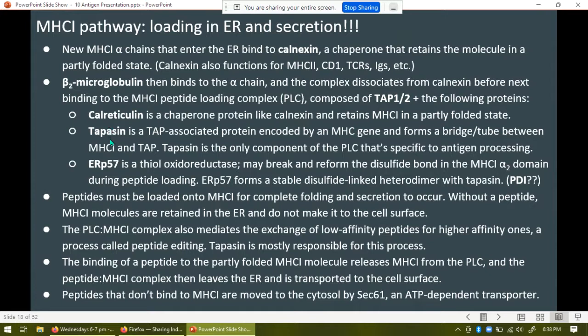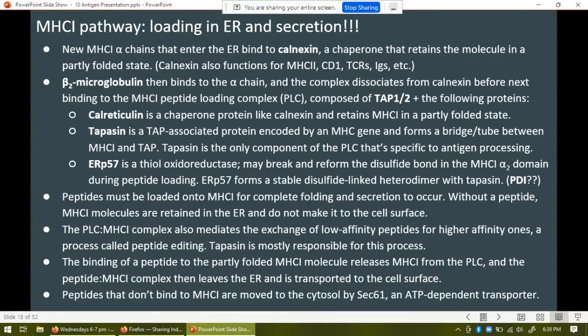Okay. And then there's tapasin, and tapasin is extremely important, and it's probably a protein you'll want to know for sure. Tapasin is a TAP-associated protein encoded by a gene located in the MHC locus, and it forms a bridge or tube between the MHC1 protein and TAP and the membrane.